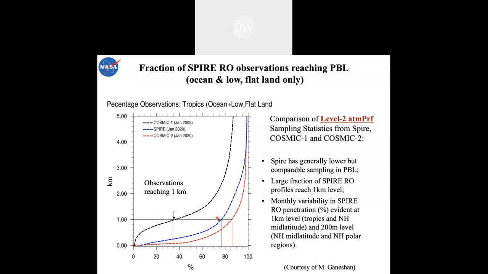Look at the Spire data here, the blue, and Cosmic 2, they are roughly comparable in terms of how many, but the percentage penetrating down to the 1 kilometer level is 85 versus 75-ish. This is pretty good, 3U versus 1 cube in terms of spacecraft. That's certainly very valuable for studying the lower atmosphere when you have a large variability there.